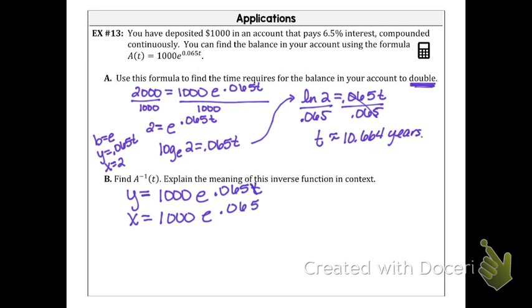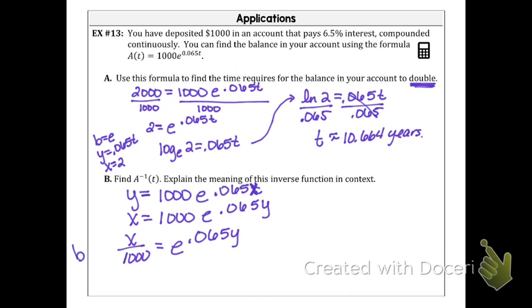I'm going to change the t to an x, though. That way it makes sense to us. So I'm going to divide by the 1,000. And now I'm stuck in exponential form, so I'm going to change to log form.